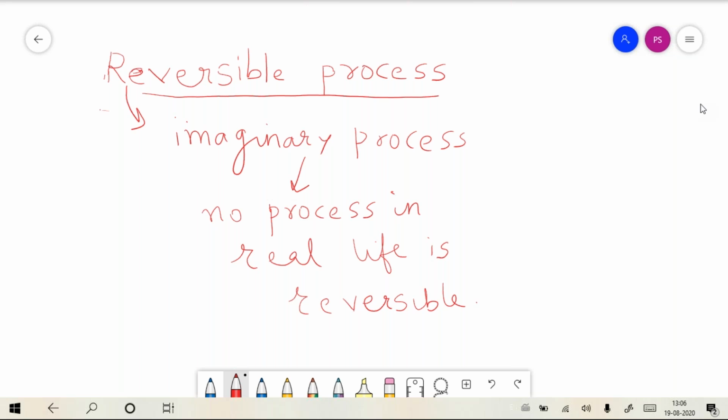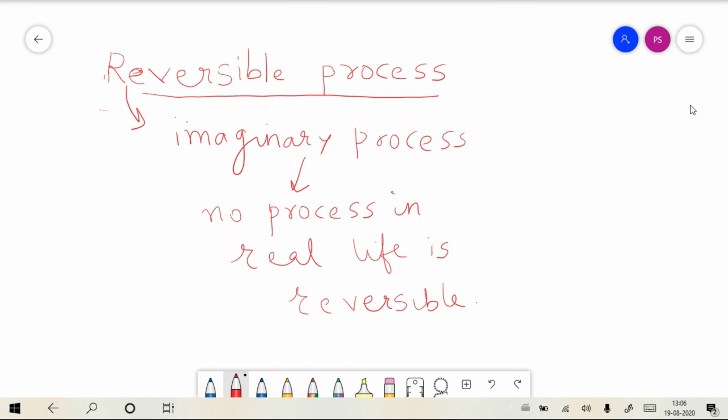No process in real engineering life is reversible. But for making a process reversible, we can imagine something. And what is that we imagine? One thing which we imagine is the process has to be a quasi-static process. If the process is not quasi-static, then it cannot be a reversible process. This is an important aspect in your concept of reversible and irreversible.